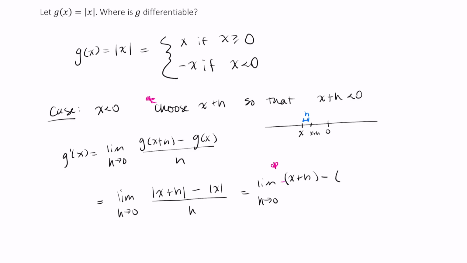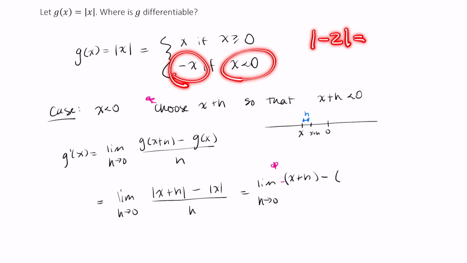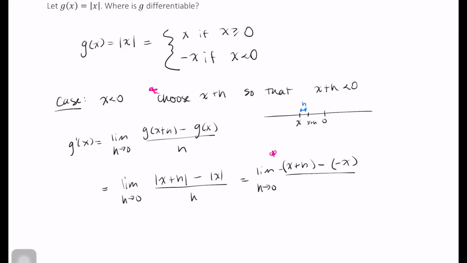And then I'm going to subtract the absolute value of x, which since x is less than 0, is equal to negative x. And if you're struggling to see this, just think about the absolute value of, say, negative 2. We know it's positive 2, and that's equal to negative times negative 2. So it's negative x. And this is over h. So this becomes the limit as h approaches 0 of negative x minus h plus x over h. And this is just the limit as h approaches 0 of negative h over h, which is negative 1.